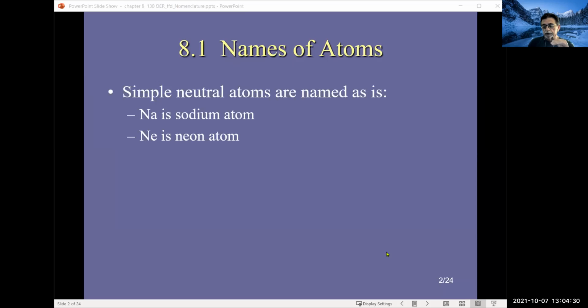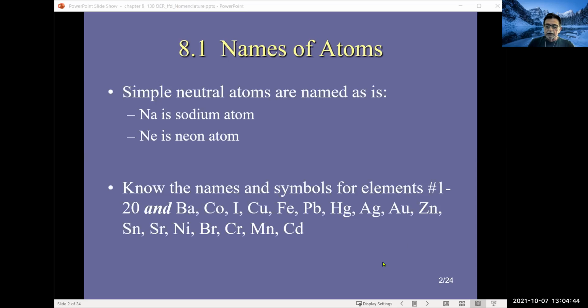And we know one electron because we know that sodium is in group 1, it has one valence electron, and therefore it's going to lose that one valence electron. We also know it is a metal, and it's going to lose electrons because it's a metal. So be aware, or be familiar, with at least the first 20.